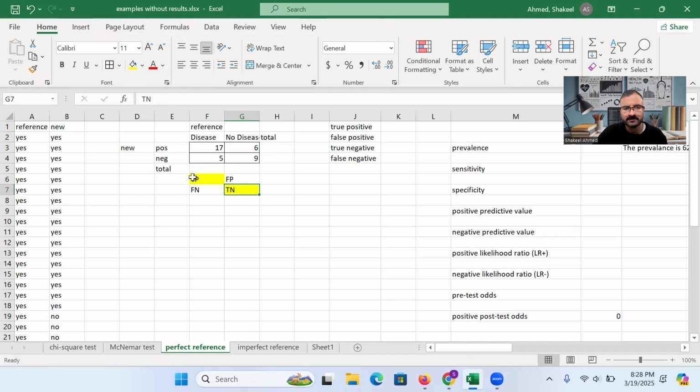So we have these four responses. These two are errors and these two are correct responses.